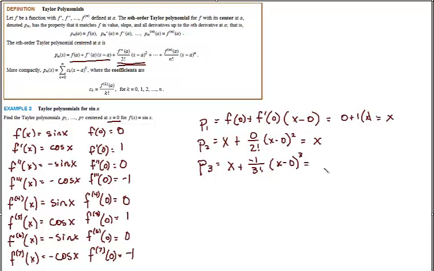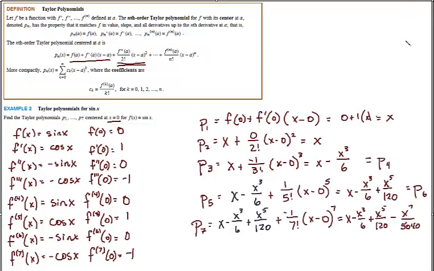So this is going to be x minus x cubed over 6. And I'm going to continue from there. And finishing this up, I did note that every even approximation is going to be the same as the odd one before it due to this 0. And this is what they were looking for.